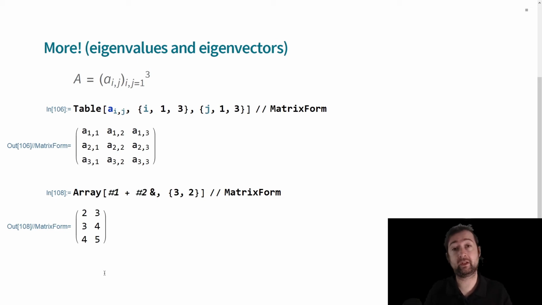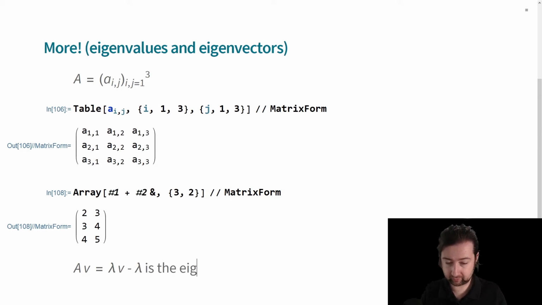Now, eigenvalues and eigenvectors are concepts that I'm going to assume you remember. The basic idea is that you have A times v equal to lambda times v, for some lambda, which is the eigenvalue, and v is the eigenvector.